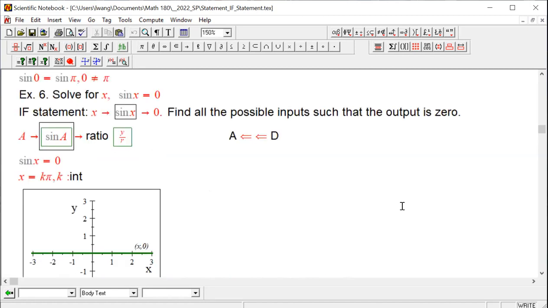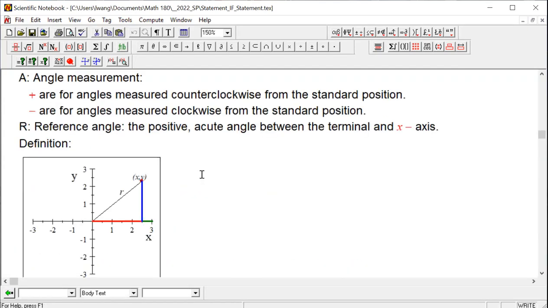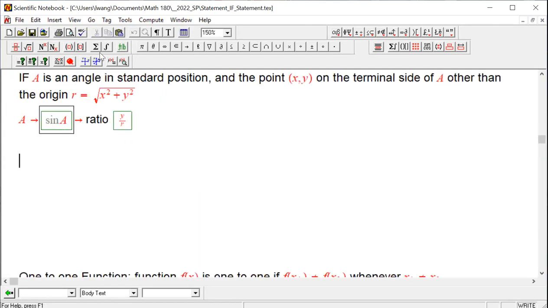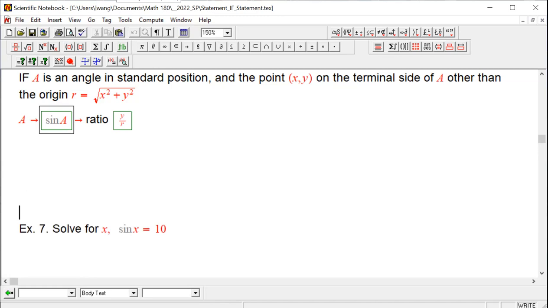Okay, so let's do another example. What if you say solve for sine x equals 10? Oh my God, equals 10. What will be the solution? Well, before we solve that, let's look at the second method.